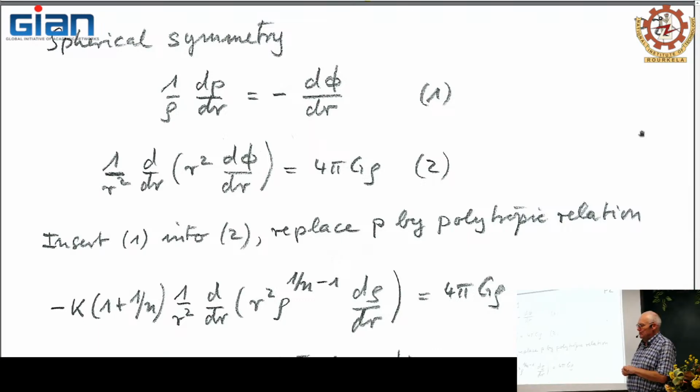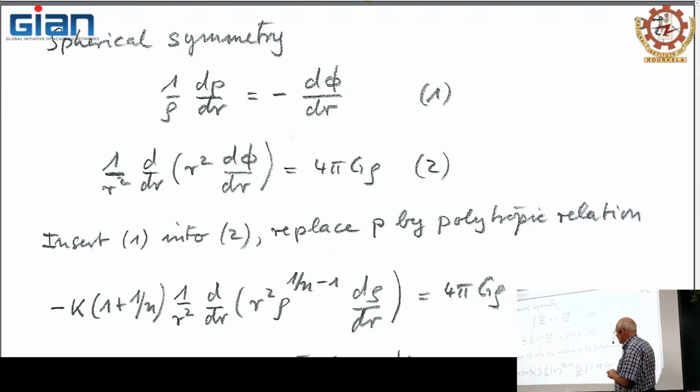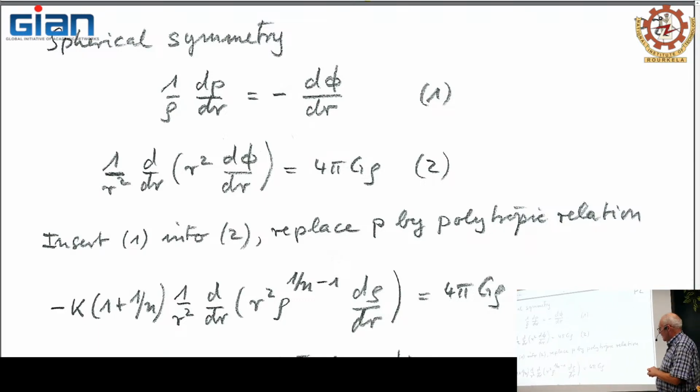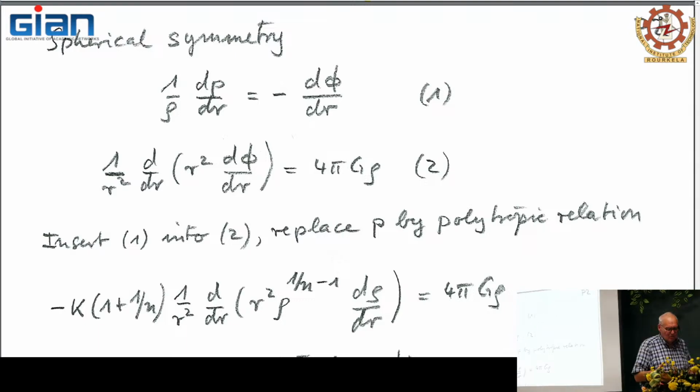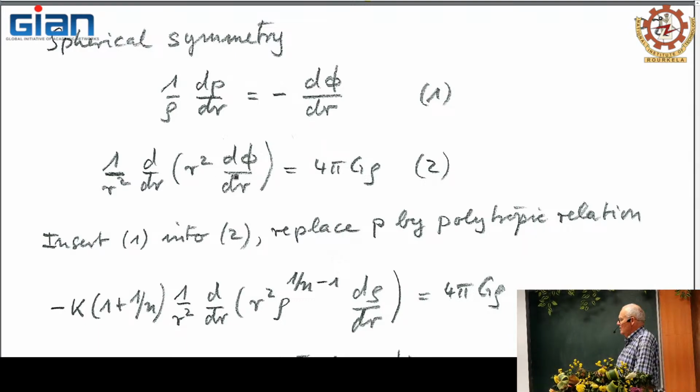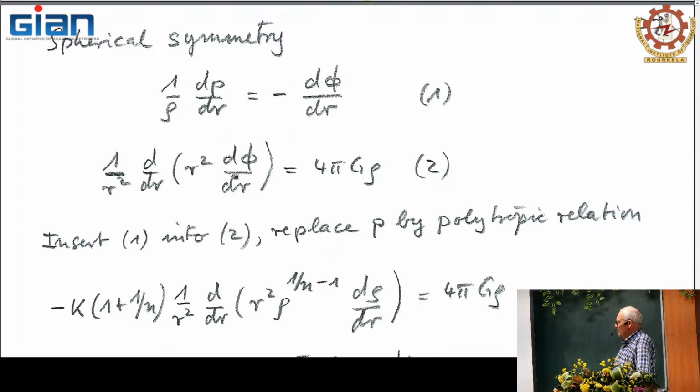So what we end up with is a second order equation for the density stratification of our stellar model. Okay, this is simply a combination of hydrostatic equilibrium, Laplace equation, and introducing the power law for the polytropic dependence of pressure and density.